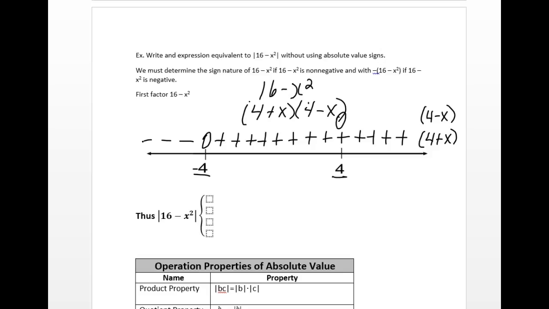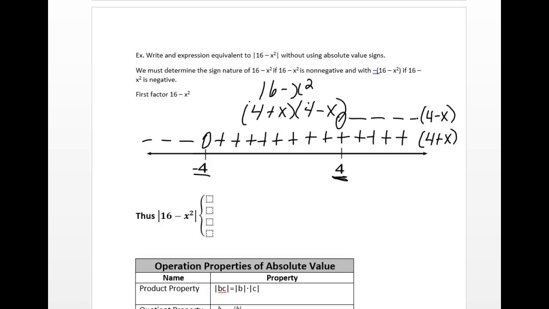Okay, so now what about this other one? If I put something greater than 4 in, say I put 10 in, 4 minus 10 is a negative 6. And that's different than what we thought before. That's why it's important it's factored correctly, right?